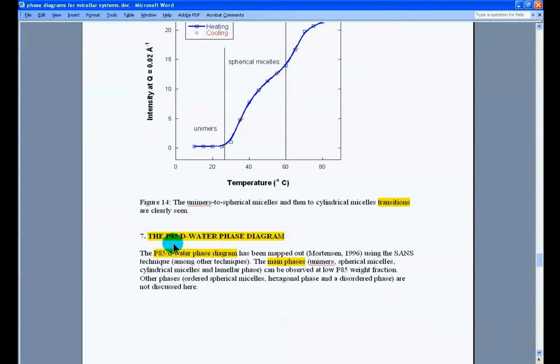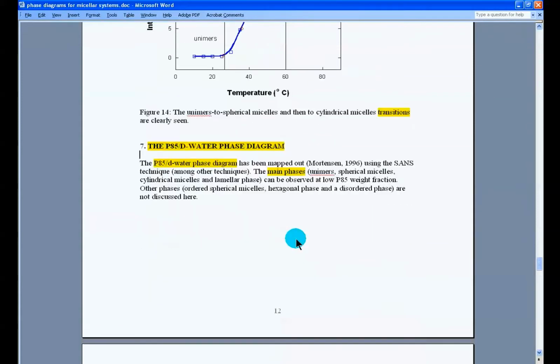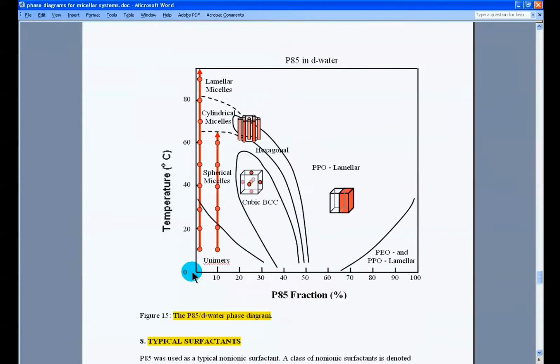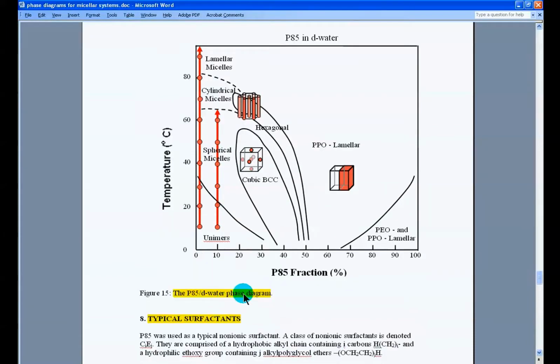Actually, the P85 Pluronic in D2O phase diagram has been mapped out using SANS as well as other techniques. We see the 1% here and the 10% here. There's the unimer phase, the spherical phase, the cylindrical phase, the lamellar phase. There are other phases at high P85 fraction, I think hexagonal phase, cubic phase, lamellar phase, and so on.